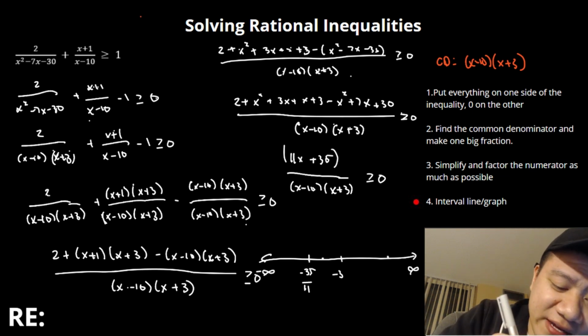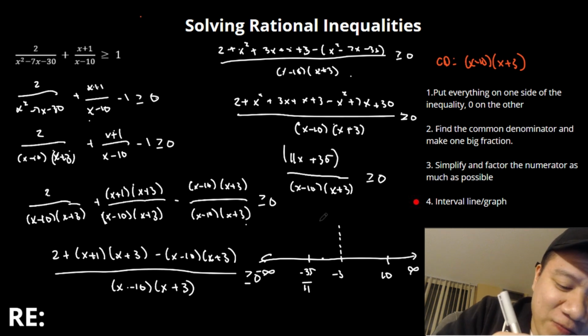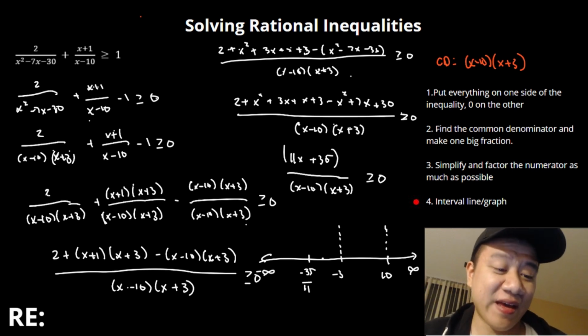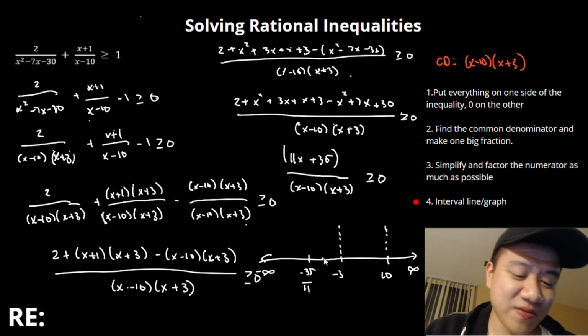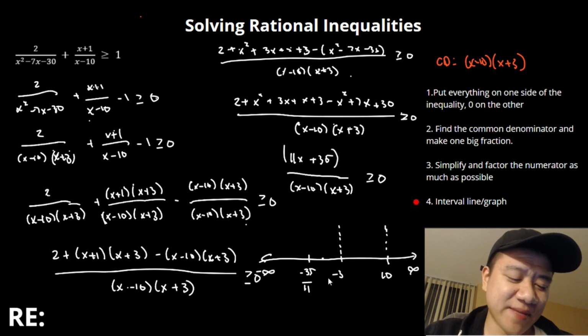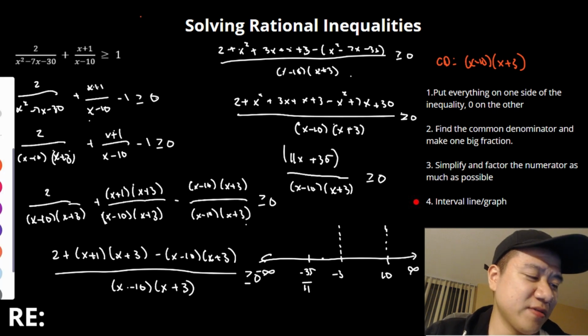So there's a reason why I put these little dotted lines to tell myself that it's a vertical asymptote, and we'll see right after we get our solutions.